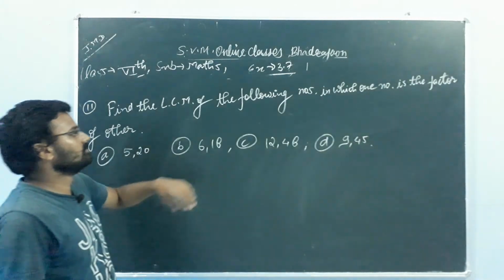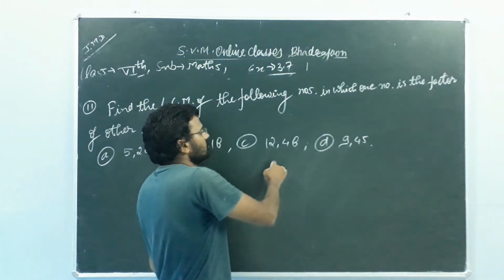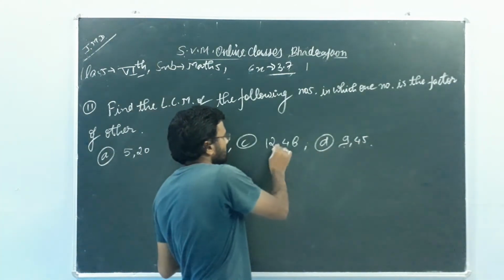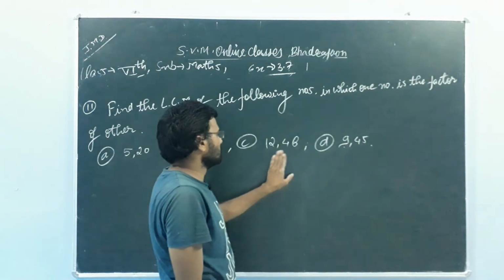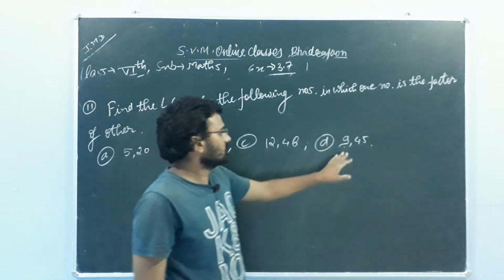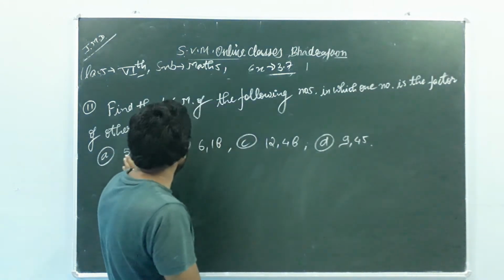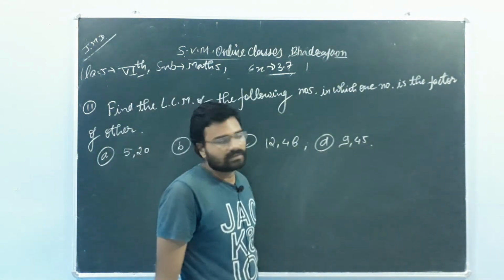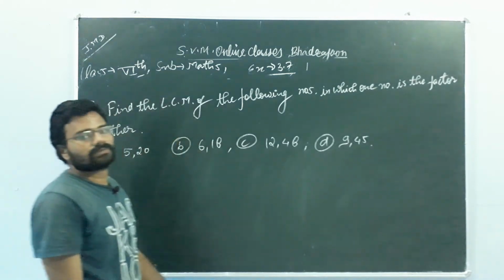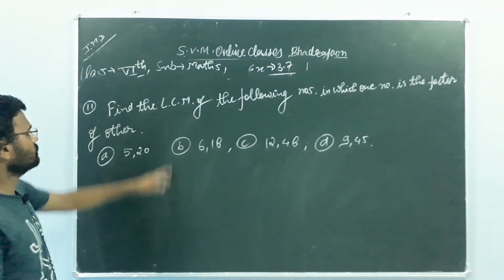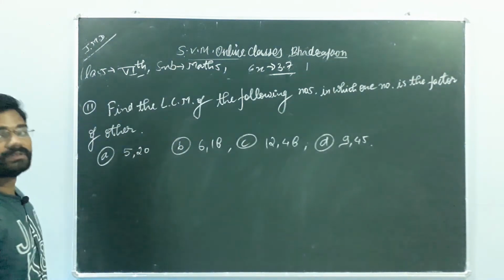In this case also, the larger number. In this case 48 is a multiple of 12. In this case also 45 is a multiple of 9. Hence in all the cases the greater number will be our answer, because the greater number will be the LCM.